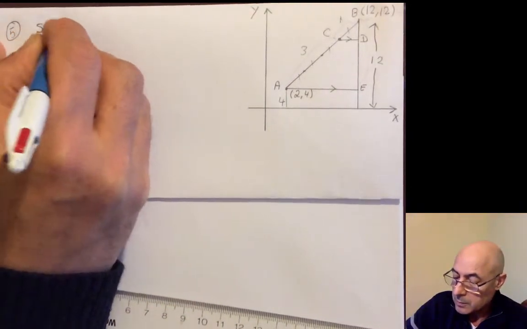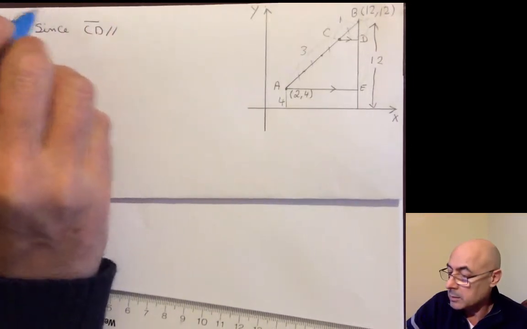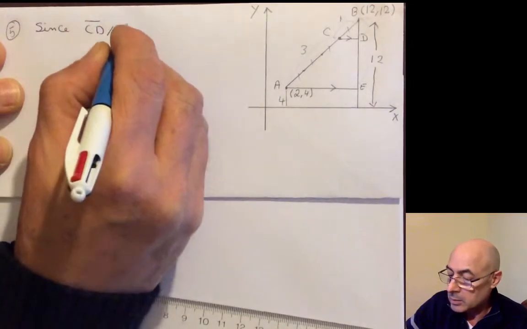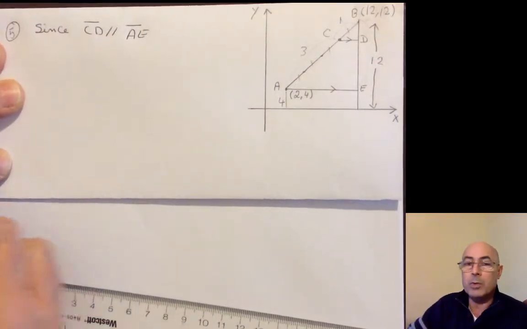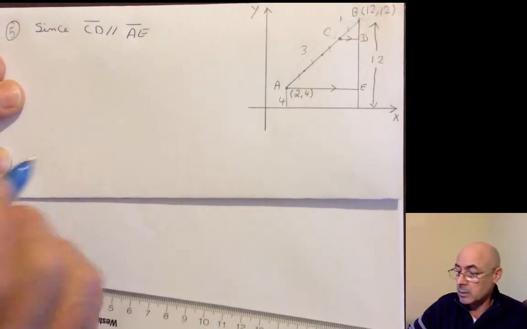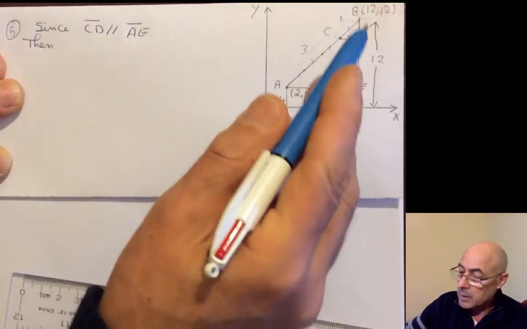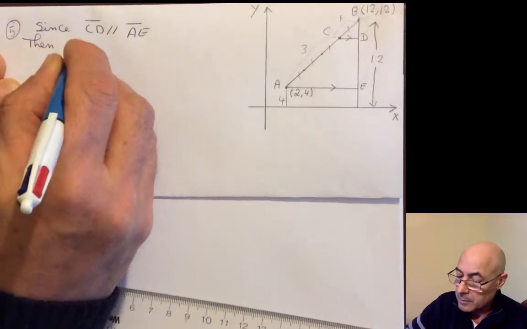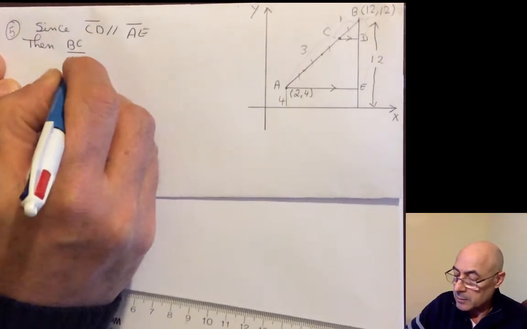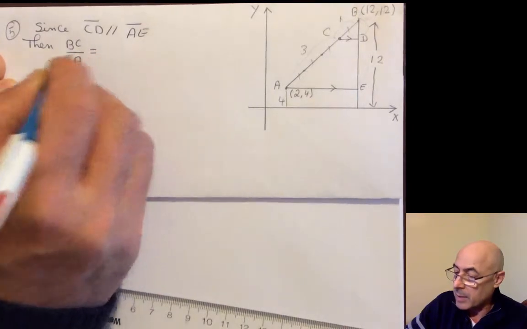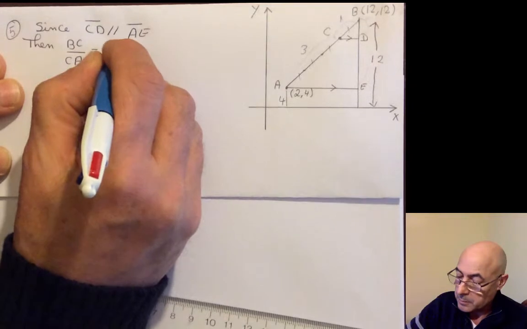Since CD is parallel to segment AE, they are parallel because both of them are horizontals, therefore BC ratio CA is going to be the same as BD ratio DE.